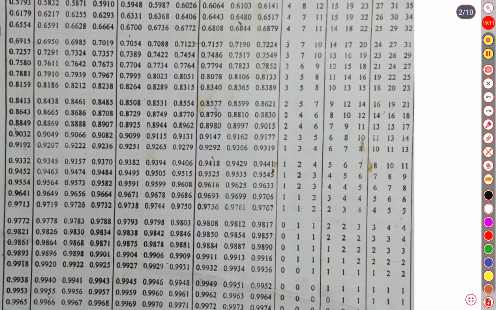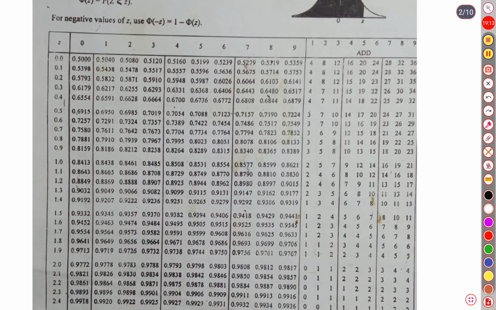Let us see the corresponding probability when the z score is 1.466. 1.4 is our row. This is our row 1.4 and then 6. The first digit is 6, the second digit is also 6. First of all, we have to decide our row and column. Then another 6 should be added. This 8 should be added to this.